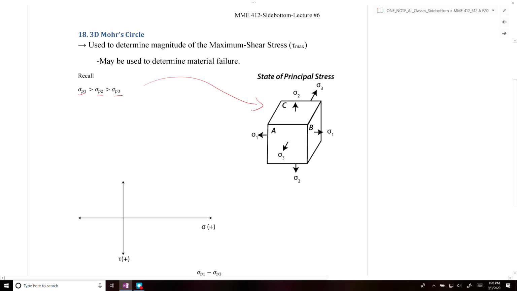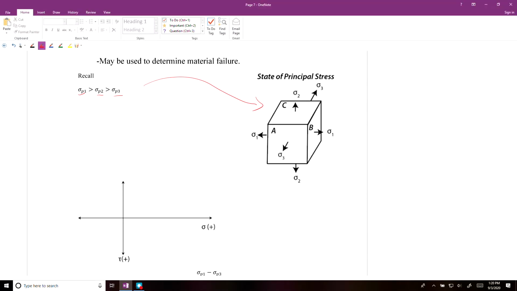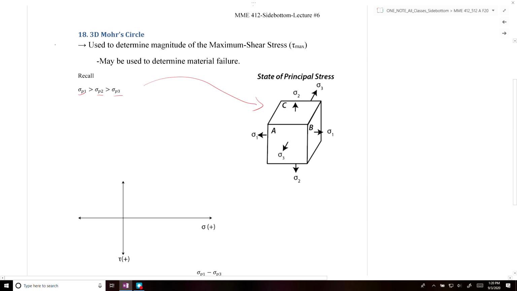So we have our 3 stresses: sigma 1, sigma 2, and sigma 3. If we look at each of the individual planes A, B, and C, we can draw a representative 2D element, and we can draw a Mohr circle for each of those elements.